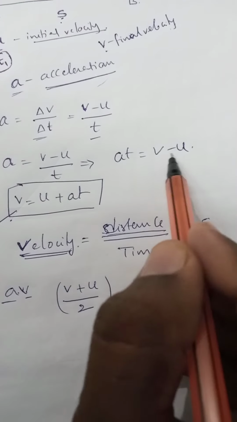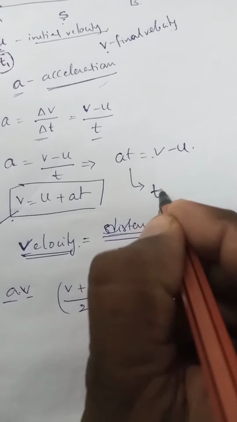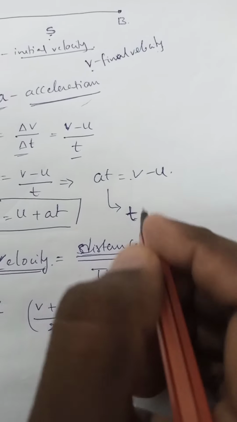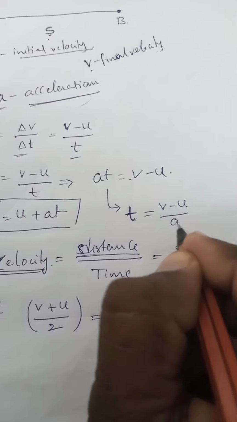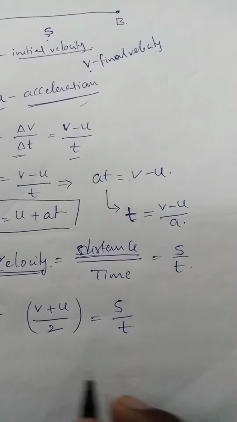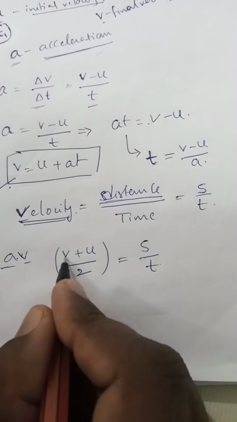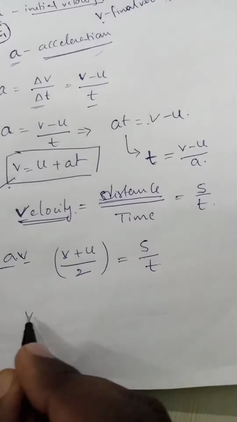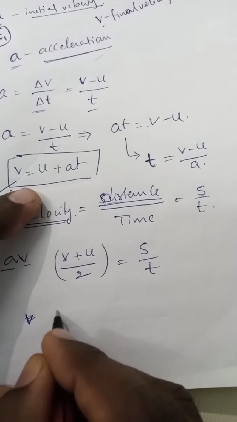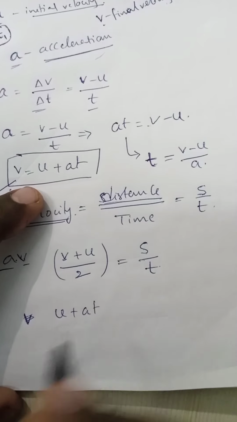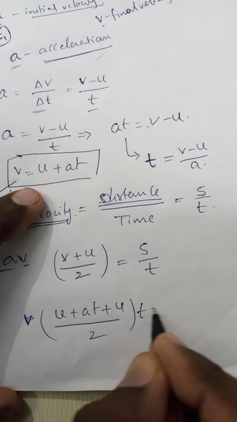So from this equation we write t equal to (v minus u) by a. And here v equals u plus at, so we write (u plus at plus u) by 2 into t.